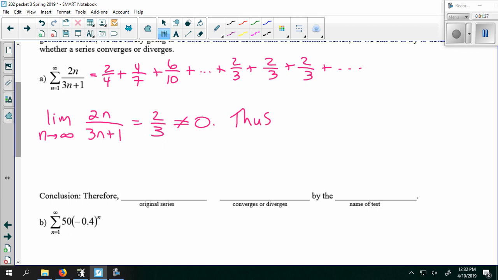Thus, my conclusion is that my original sum diverges by the test for divergence.